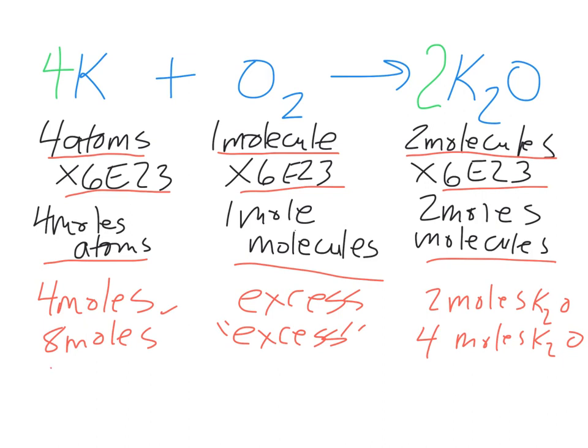Another example is if I had an excess of potassium and I had 10 moles of oxygen to work with, then I could produce 20 moles of K2O.